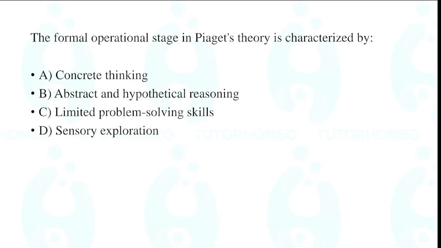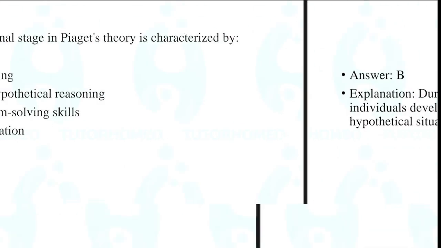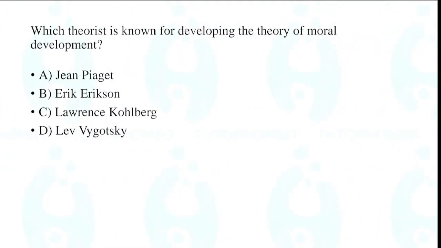The next question is, which theorist is known for developing the theory of moral development? When we talk about moral development, it is always Lawrence Kohlberg. He proposed a theory of moral development that outlines the stages through which individuals progress in moral reasoning.